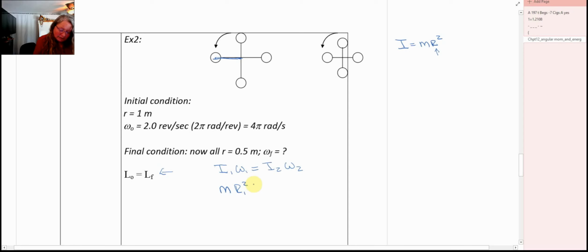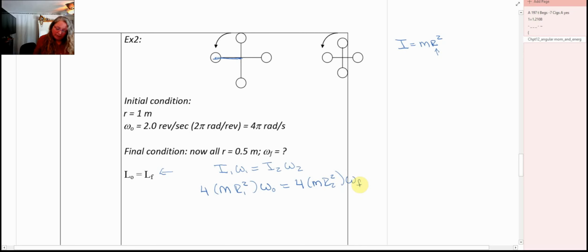And let's see, there's 4 of them, so I could write it out as mass times 1 squared plus mass times 2 squared plus mass times 1 squared plus mass times 1 squared. But there's really no point. We can just do this: times omega naught is going to equal, let's see, 4 times mass times R2 squared, times omega final.